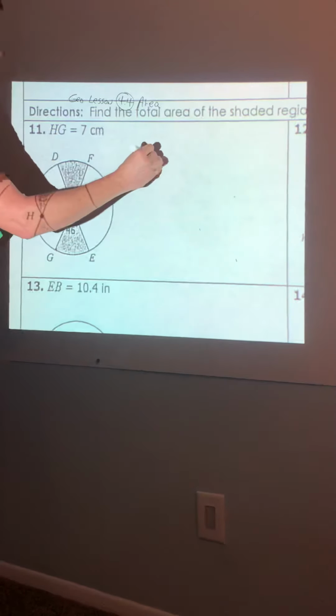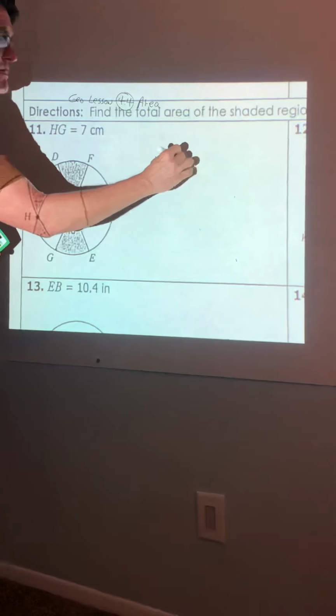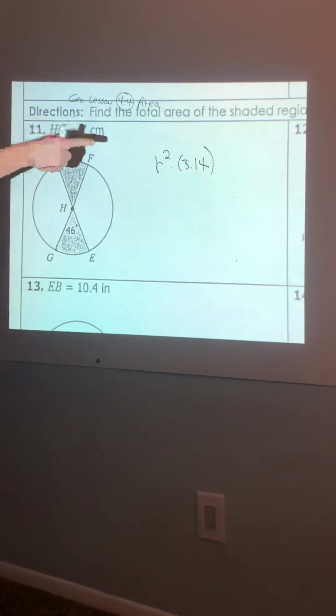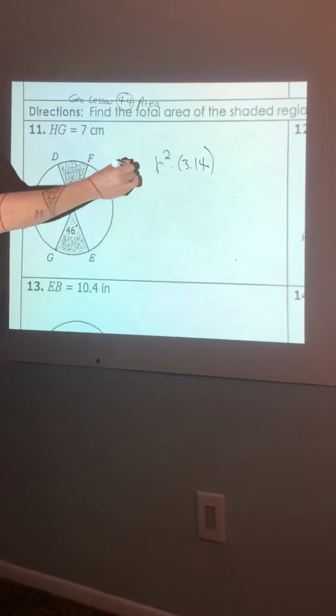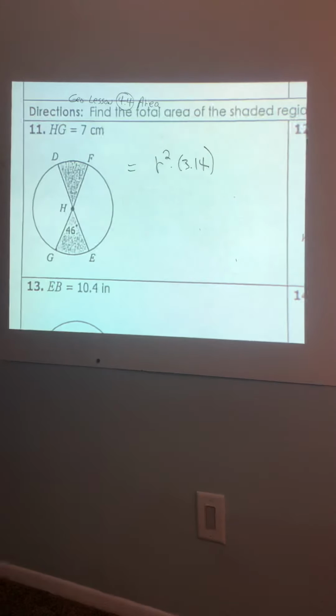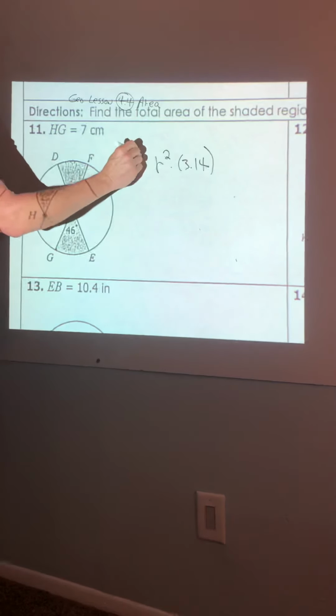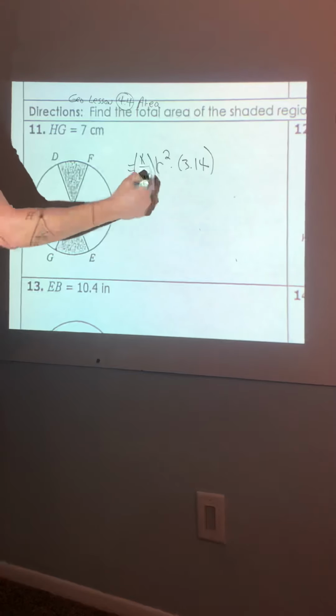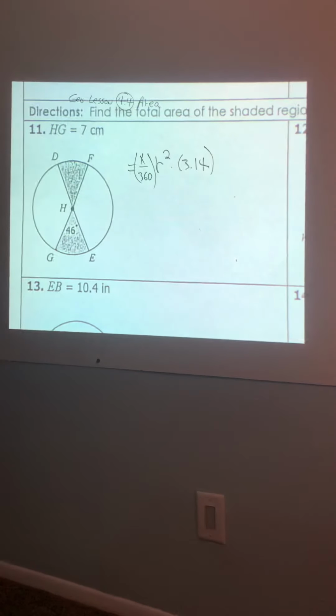You know, though, radius squared times 3.14 is going to be part of it, because that formula is for the area of the whole circle. And if you forgot the formula, it's 2 slices of pizza, which a slice of pizza is called a sector. You're going to use the x out of 360 times the area formula.